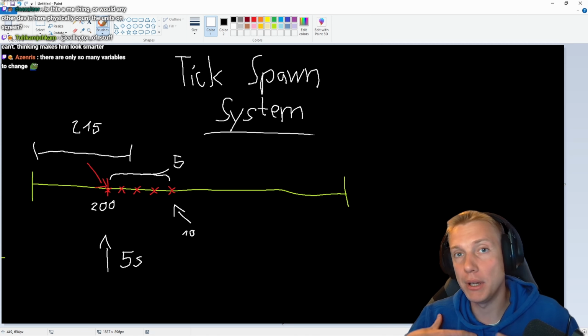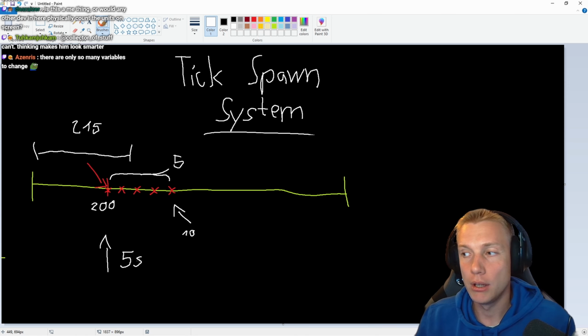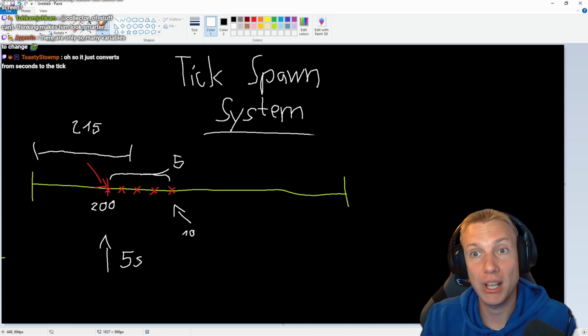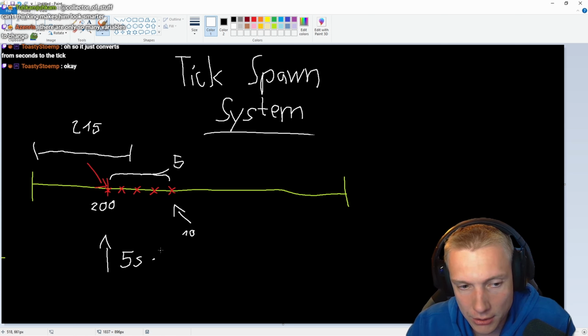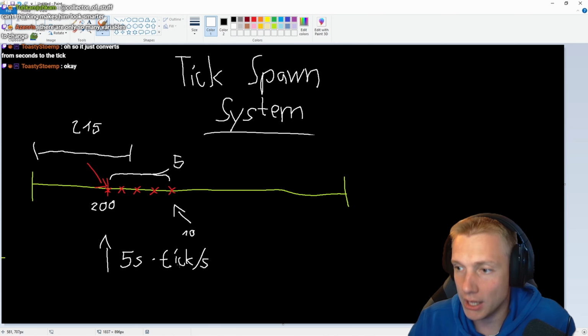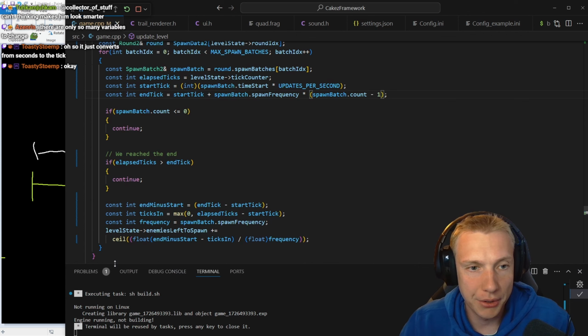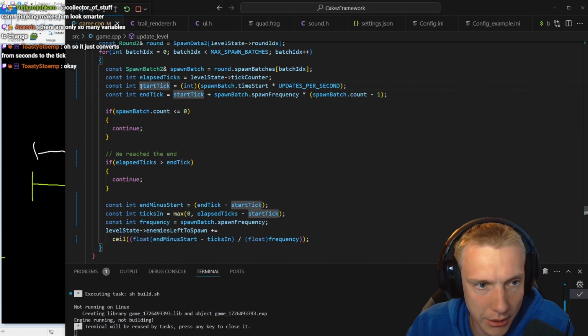When I'm building the game, I want to tell the game to start spawning the enemies 10 seconds into the level, and it converts this to ticks. Exactly, it multiplies this by the ticks per second. That gives me the tick at which they start spawning. So this is essentially the start tick here.